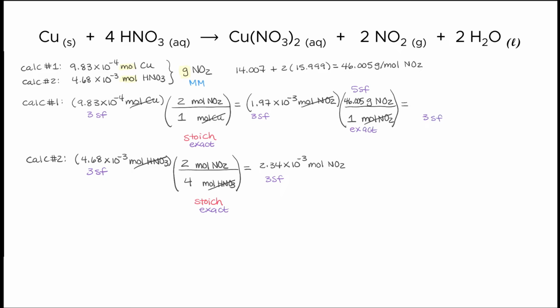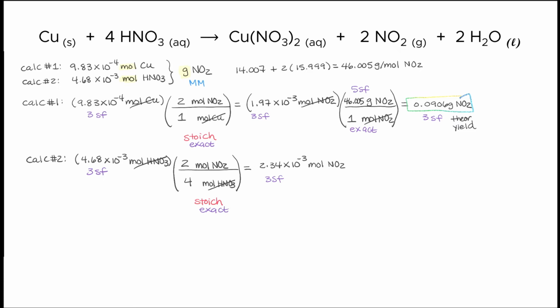When we do the math, 1.97 times 10 to the negative 3 times 46.005, we get 0.0906 grams of NO2. And that is the theoretical yield in the units requested in the problem, grams of NO2.